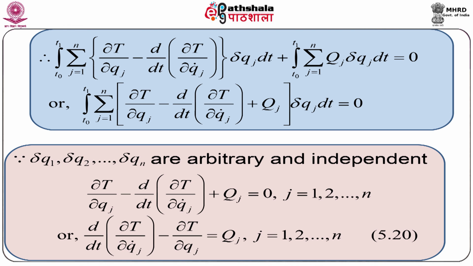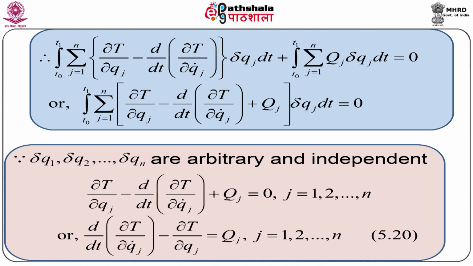Combining these two, we have integration t0 to t1 summation over j equal to 1 to n del capital T del qj minus ddt of del capital T del qj dot plus capital Qj delta qj dt equal to 0, as delta q1, delta q2 up to delta qn are arbitrary and independent.